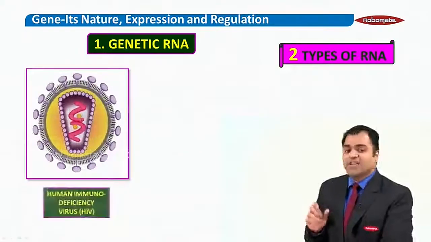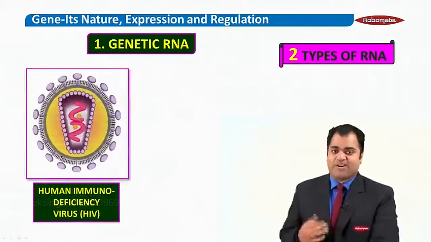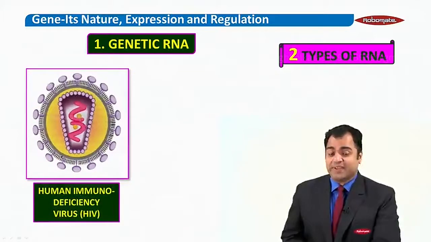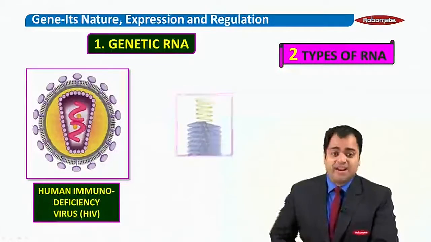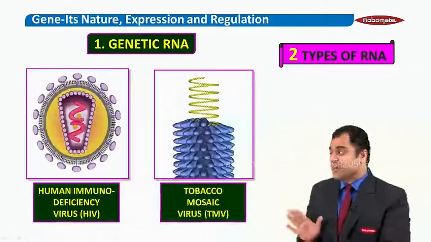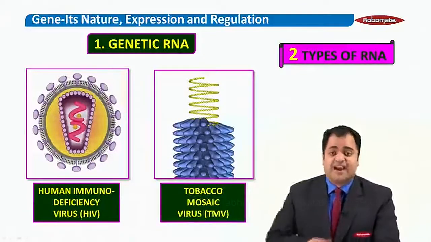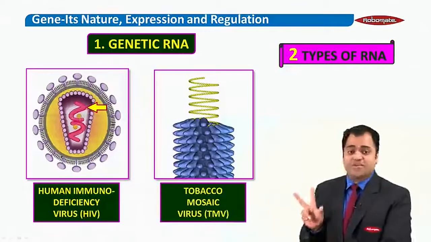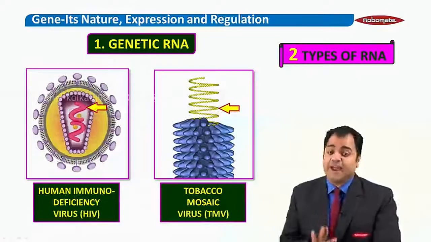On the left is the human immunodeficiency virus, also called HIV, right? This has genetic RNA. Similarly, certain plant viruses like tobacco mosaic virus or TMV also show genetic RNA. Now you see the two arrows right here. These arrows are pointing to the genetic RNA in viruses.